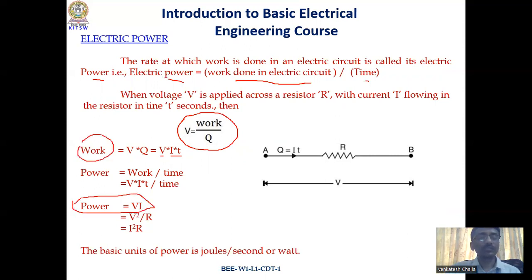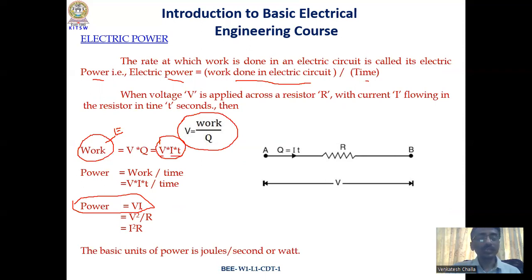So work is VI into T. We call this work done in an electrical circuit energy. So energy is V into I into T, and the power is work done divided by time. So therefore, it comes to V into I. Or we will go through what is called Ohm's law.